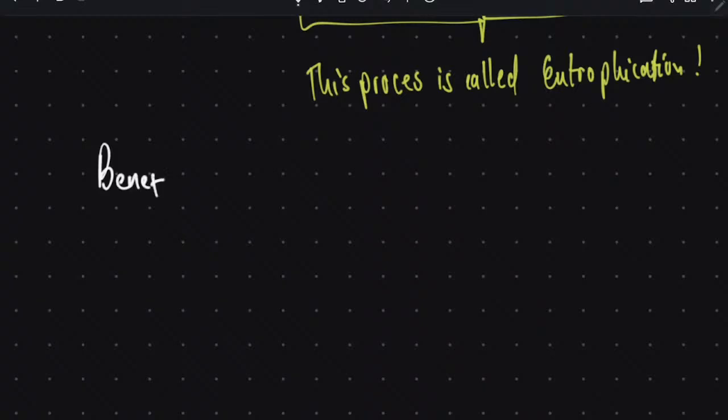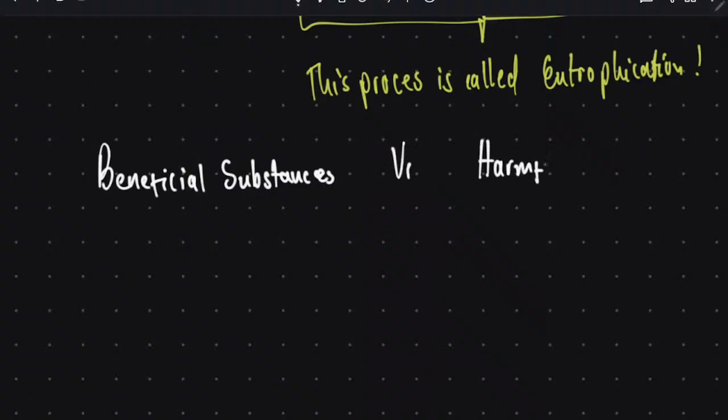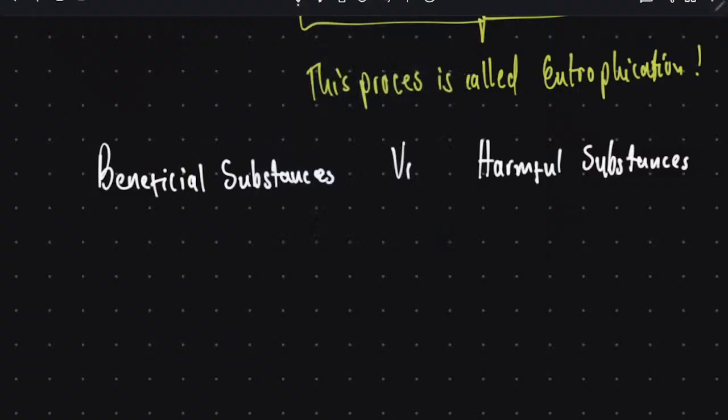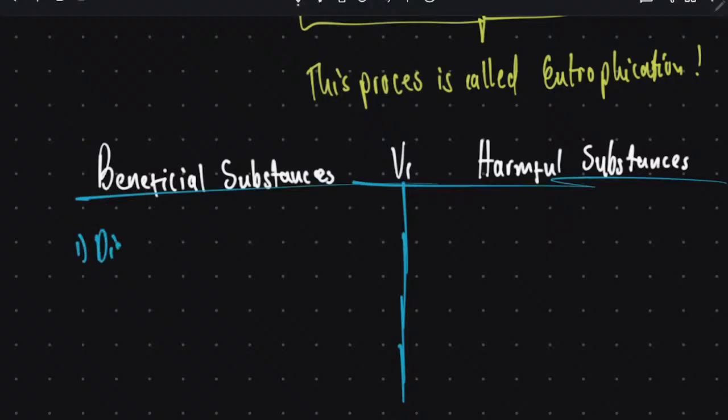Beneficial substances versus harmful substances found in water. These can be found in our natural water. Natural water is not pure. What are the things that you can find? Beneficial: one, dissolved oxygen.